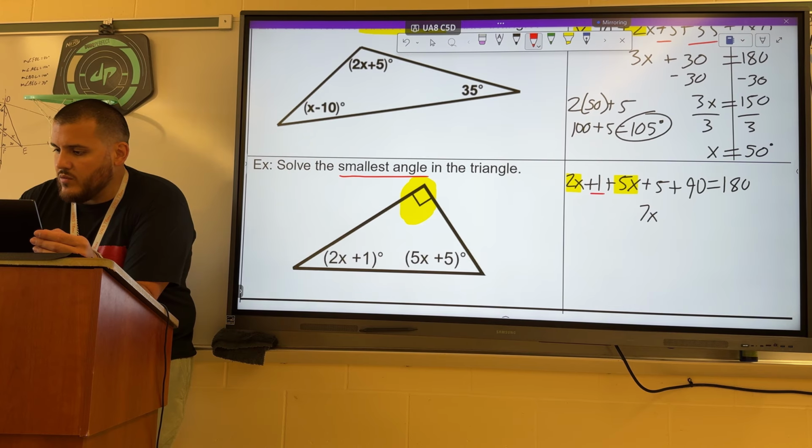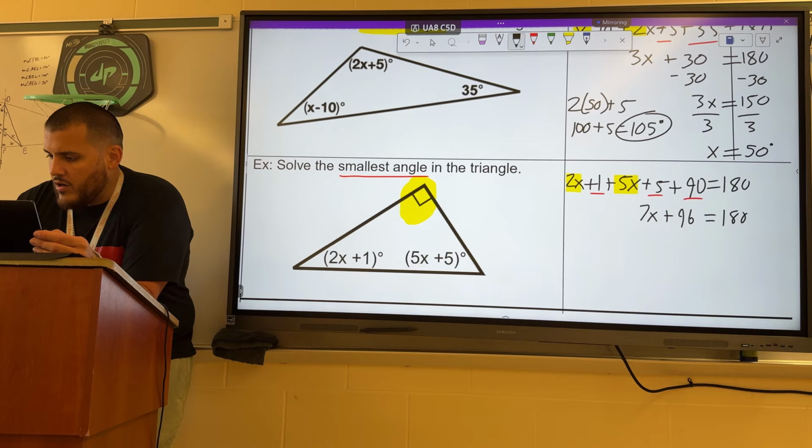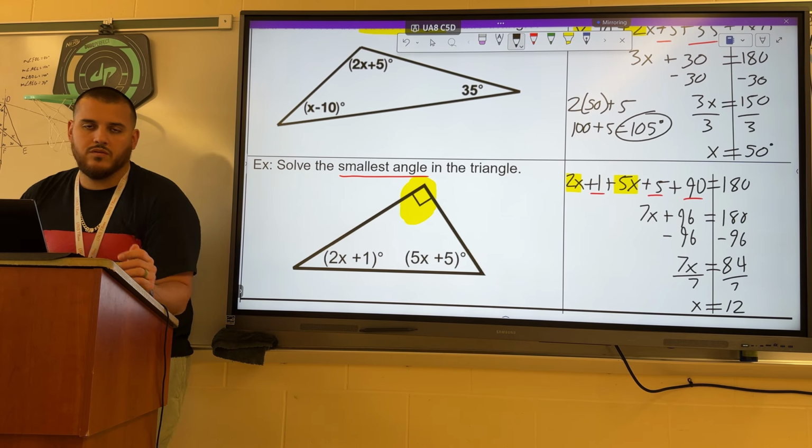And we have a plus 1, a plus 5, and a plus 90, which gives us a plus 96. And we're on our way here to solving for x. I can now subtract 96 from both sides of the equal sign to get 7x equals 84. Then divide both sides by 7 to get x equals 12.